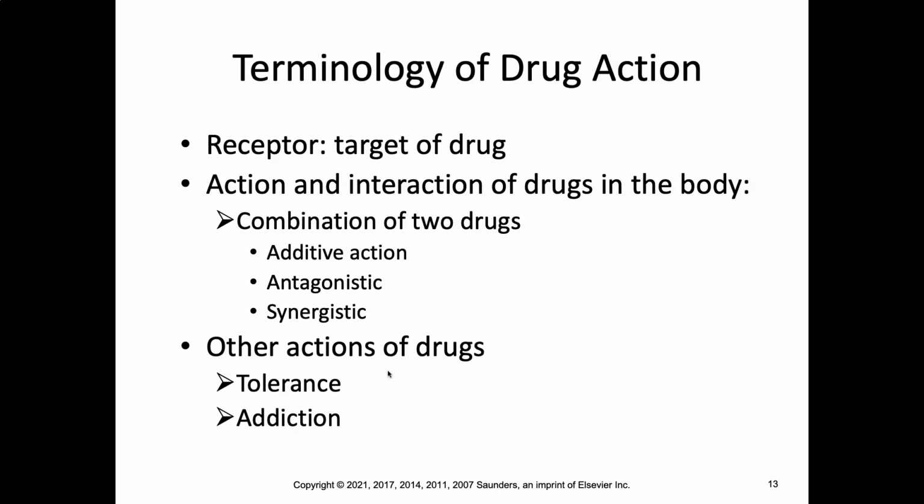Addiction is the physical and psychological dependence on and craving for a drug and the presence of clearly unpleasant effects when that drug or other agent, such as a narcotic, is stopped. So again, I'm going to read that again. Addiction is the physical and psychological dependence on and craving for a drug and the presence of clearly unpleasant effects when that drug or other agent, such as a narcotic, is stopped.